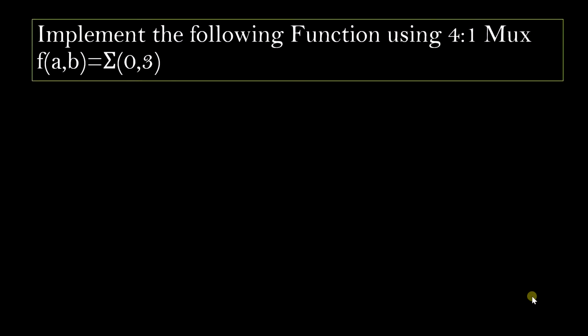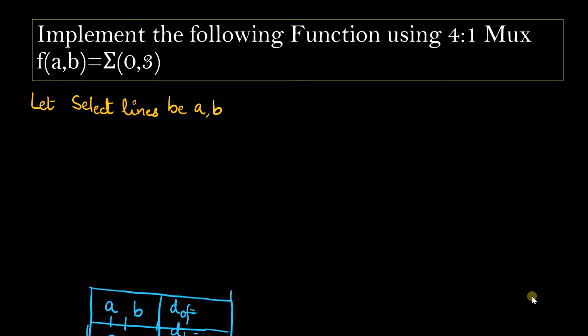The first question says, implement the following function using a 4:1 mux, and the function is given to be f of a, b equal to summation 0, 3. In this case, let me consider the variables mentioned in the function, that is a, b, to be the select lines for the 4:1 mux.